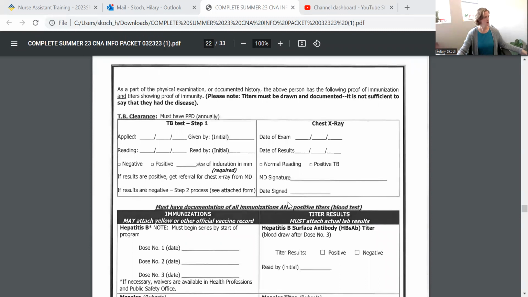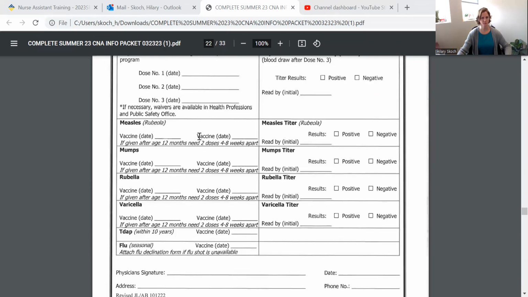Okay, so during your physical examination, you will also receive a TB test, which we'll go over, and you will get your titers drawn. So all of these things here, you need titers for. Titers are helpful in determining if you are non-immune to these diseases.